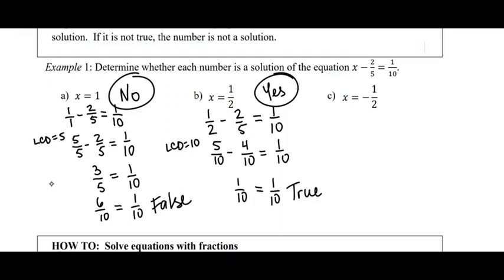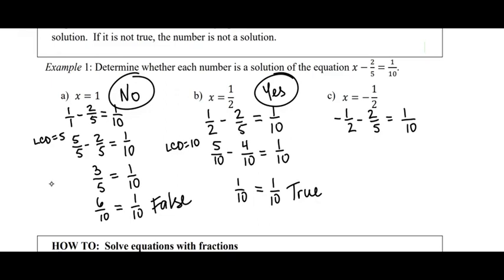The last one, negative 1/2. Similar, we're going to drop negative 1/2 in instead of x: negative 1/2 minus 2/5 equals 1/10. We already know that the LCD between 2 and 5 is 10.